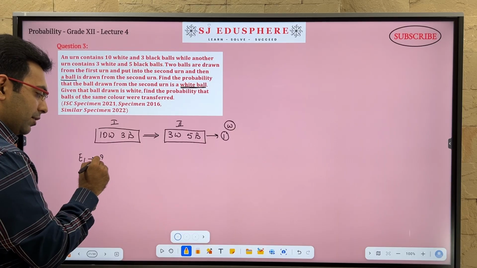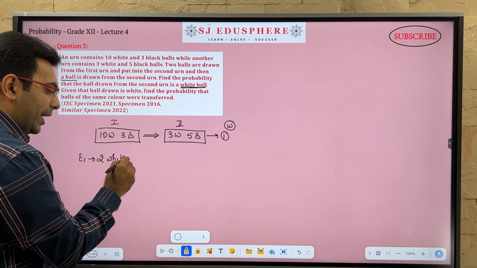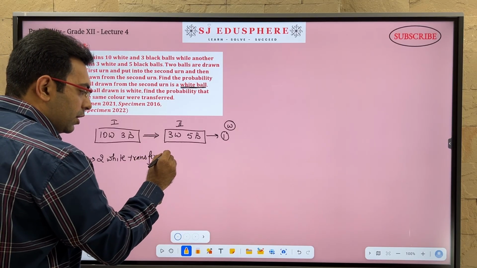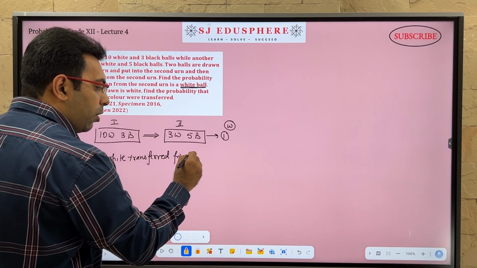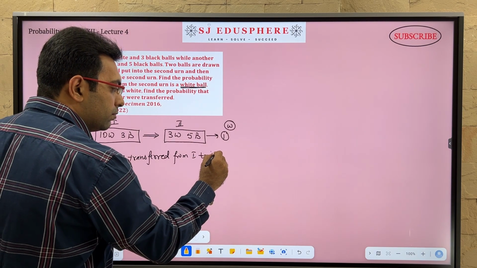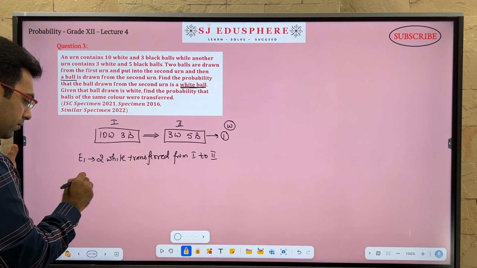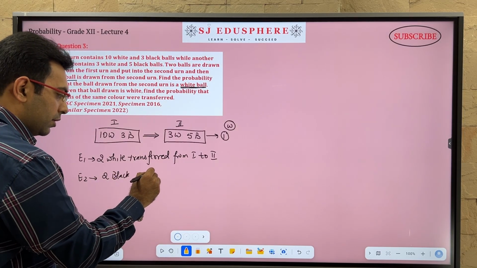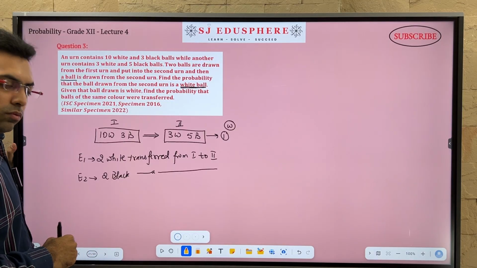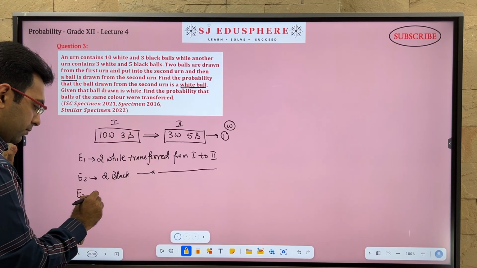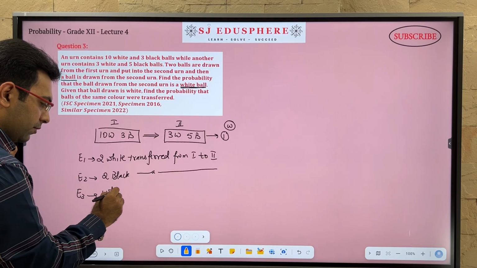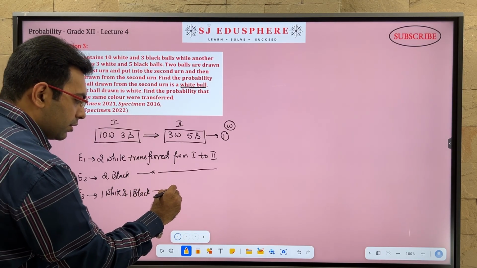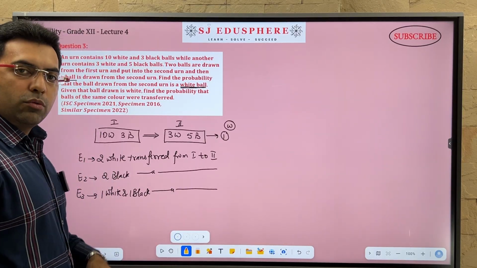It can be white. So two white transferred from 1 to 2, or two black transferred from 1 to 2, or one white and one black transferred from bag 1 to bag 2.